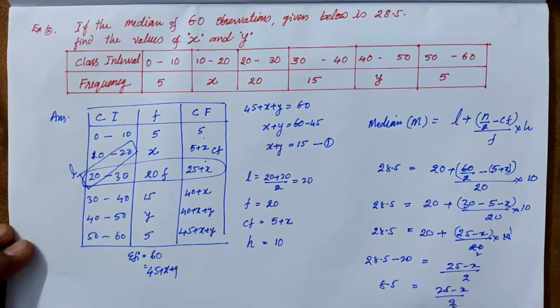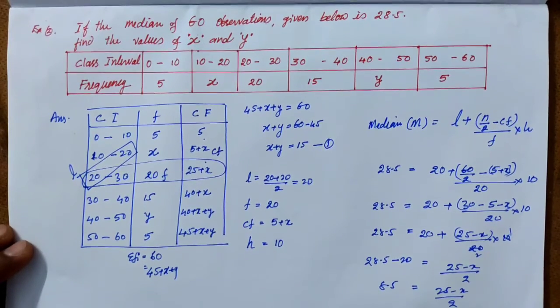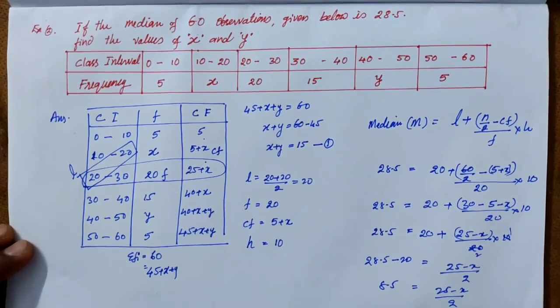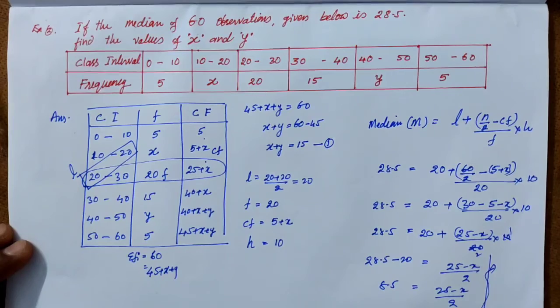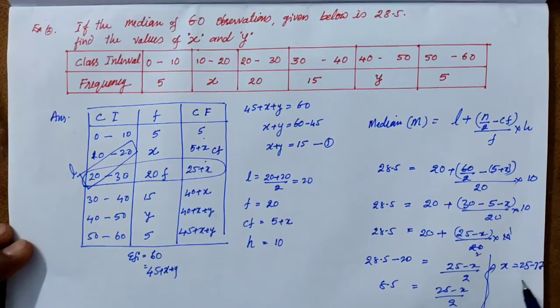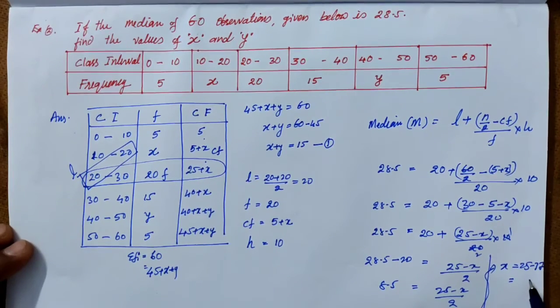Again transposing the 2 to this side, you get 17 is equal to 25 minus x, and therefore x is equal to 25 minus 17, which is 8. So the value of x is 8.